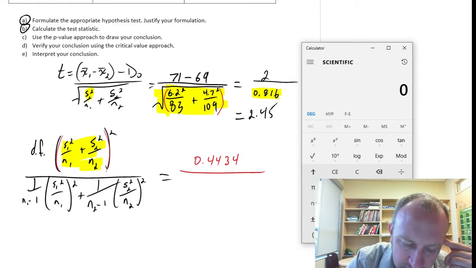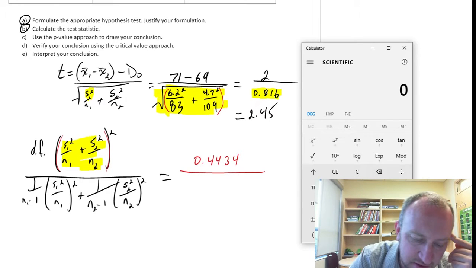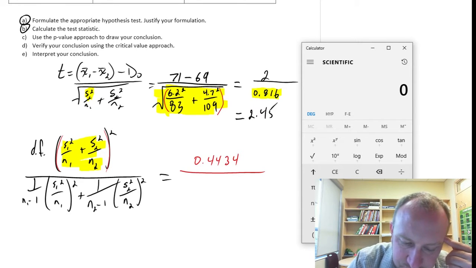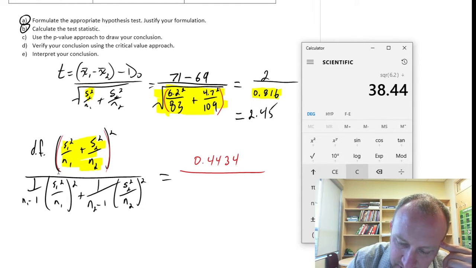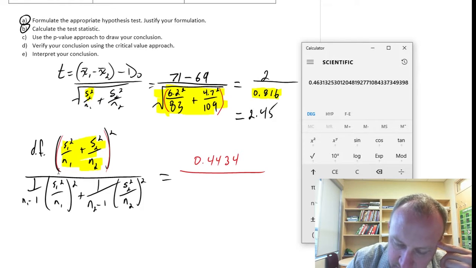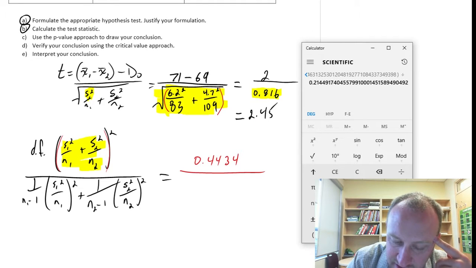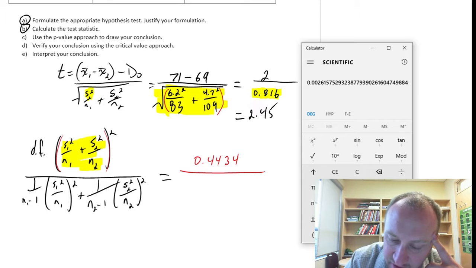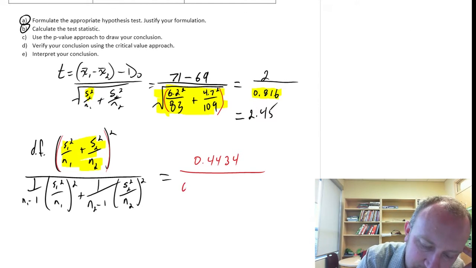I'm going to do this in 2 steps. This bottom piece is 6.2 squared divided by 83, all squared, divided by n minus 1, which is 83 minus 1, or 82. So that first term is 0.0026.